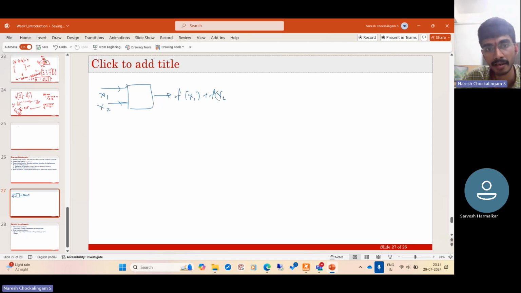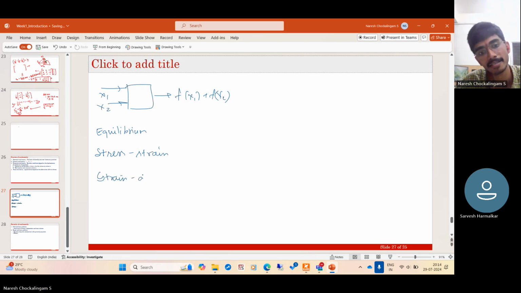This is a linear system. And in a solid mechanics problem, you saw equilibrium, the stress strain relation, which we call constitutivity, and compatibility or the strain displacement relation. These are the key things.